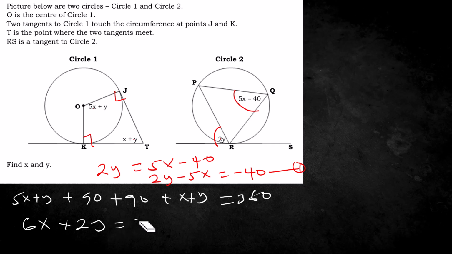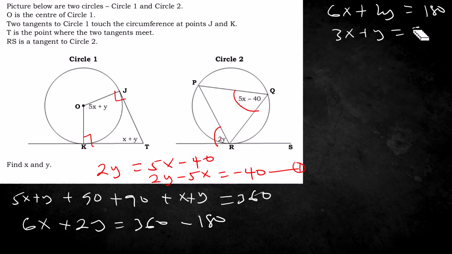So we have 360 minus 180, so that will be 6x plus 2y equals 180. Let's divide through by 2. 3x plus y equals 90. We have this as equation 2.